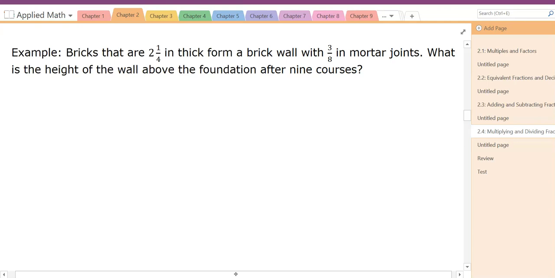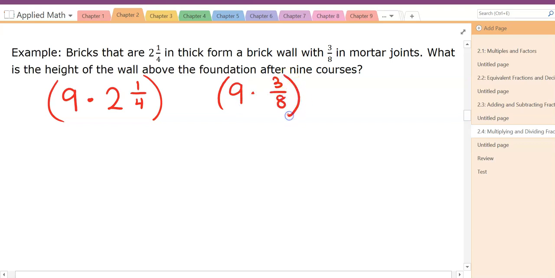So we have to take 9 times both of those numbers, 9 times the 2 1/4, and then 9 times the 3/8. What do you think we're going to do with those two numbers to find the total? Add them. Good. So you're going to put a plus sign in the middle.